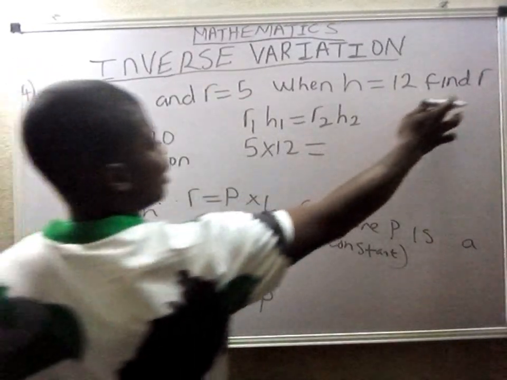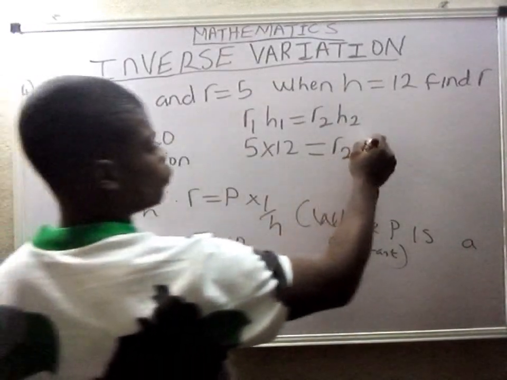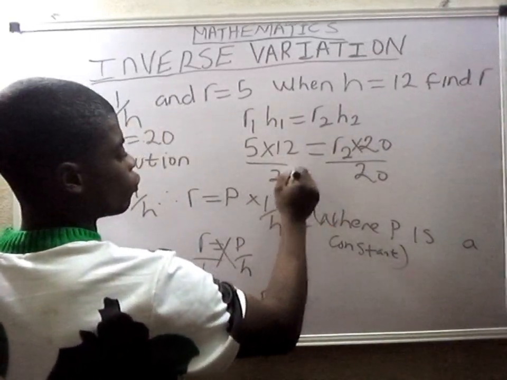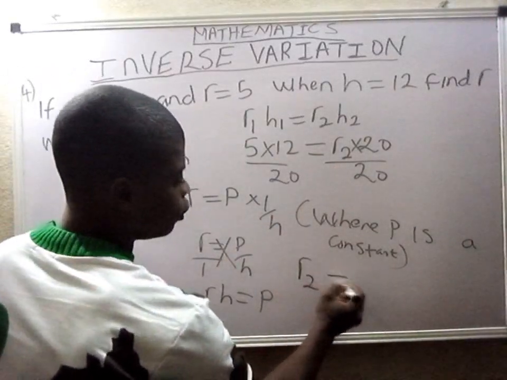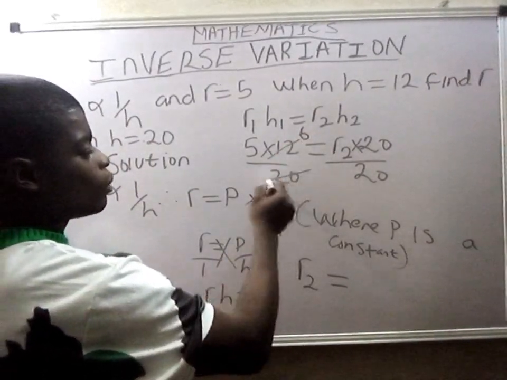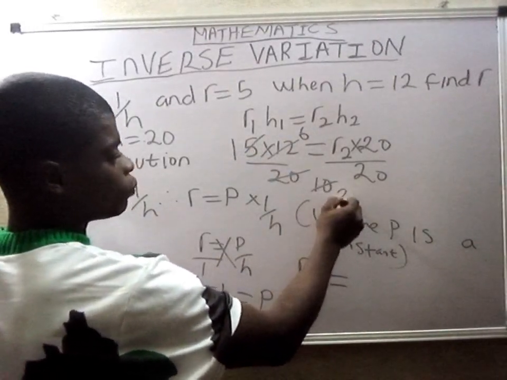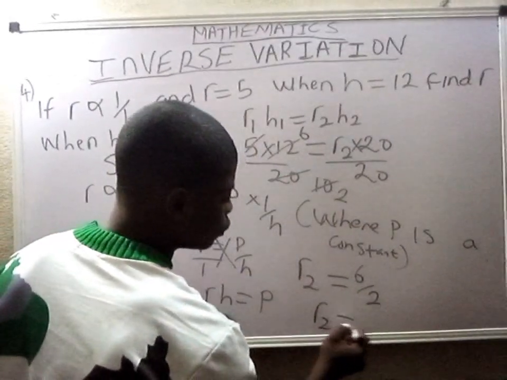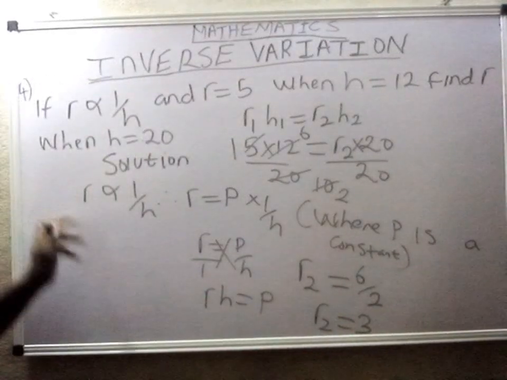We have to find arrow 2, unknown, while h2 is 20. Divide both sides by 20, so we can get our value for arrow 2. So arrow 2 equals 2 here is 6, while 2 here is 10. 5 into 5 is 1, 5 into 10 is 2. So we have 6 all over 2. So the value for arrow 2 is 6 all over 2. 6 divided by 2 is 3. So this is the answer to question 4.